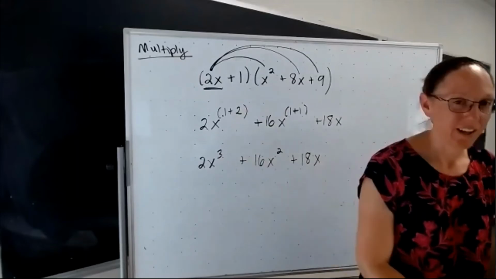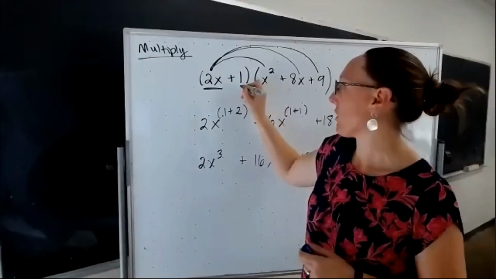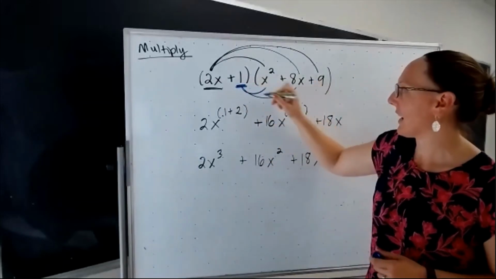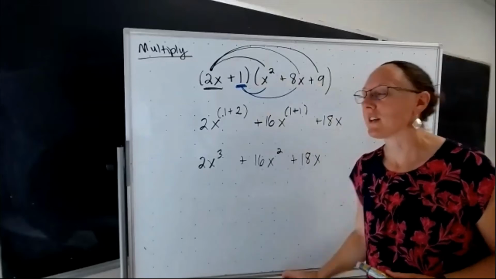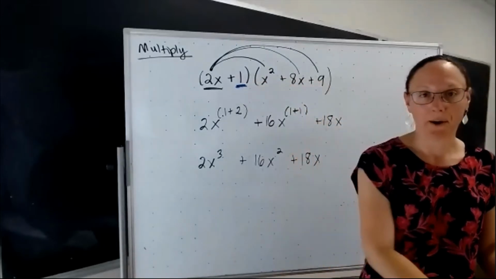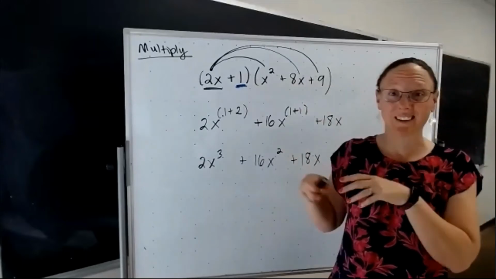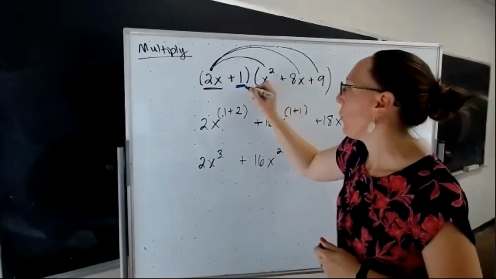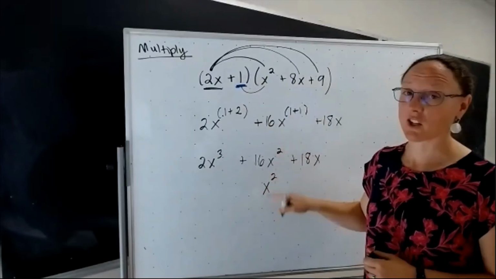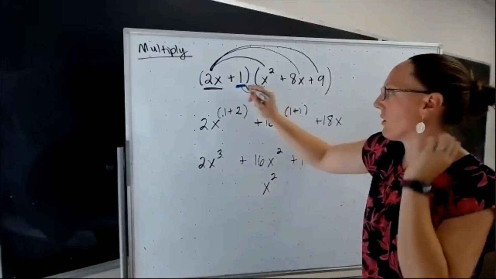When I'm doing this and I go to distribute in my next term, the 1 to the x squared and then the 8x and then the 9, as I do this, I'm going to go ahead and line the pieces up so that I've already got my like terms kind of collected together. So 1 times x squared, I'll go ahead and put my x squared right here so that it's in line with the x squared terms.